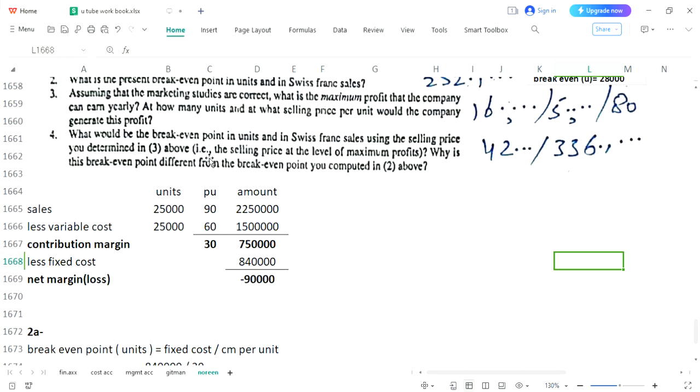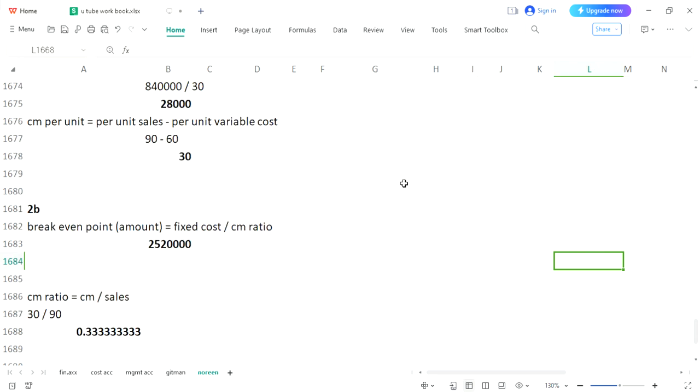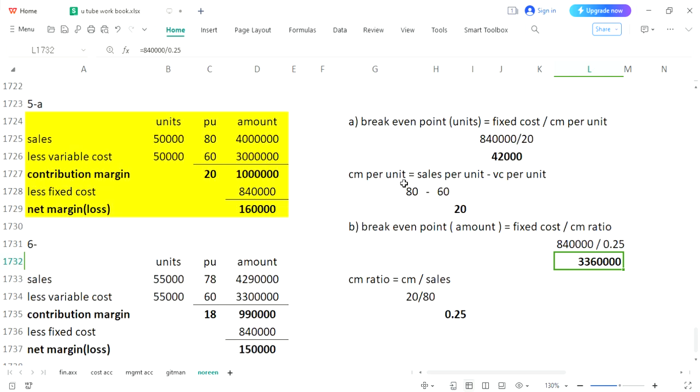But here a few things are also mentioned. Why is this break-even point different from the break-even point you computed earlier? Simple: when you change your number of units or your per unit selling price. This is very important, since break-even point directly depends upon CM in both cases.